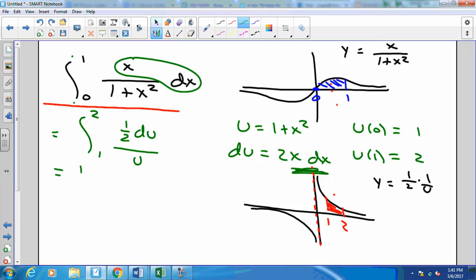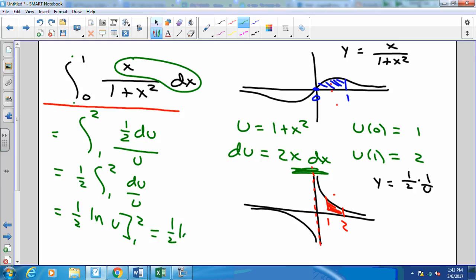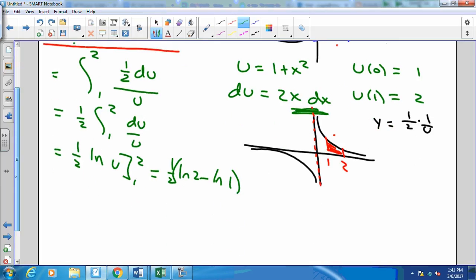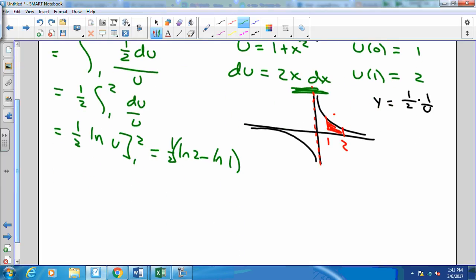So out comes the 1/2, as Tony suggested, and I get a famous integral, du over u. What is it? Yep. From u equals 1 to u equals 2. So I get 1/2 of ln 2 minus ln 1. Don't forget to put parentheses around your evaluation right there.